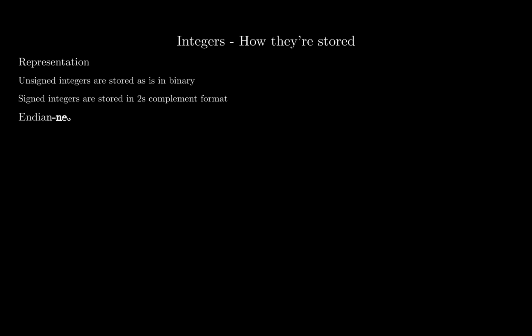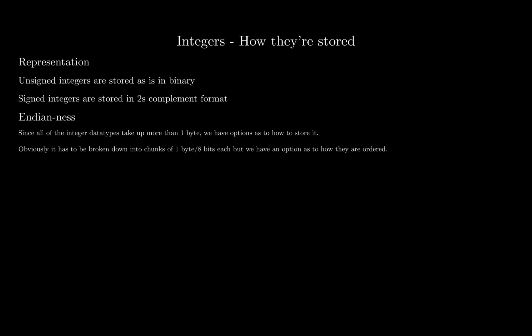Okay, how do you store integers? The representation is pretty straightforward. Unsigned integers are just stored as is, and signed integers are going to be in two's complement. Simple stuff. And endianness. As we saw previously, every int and the other variants of int take up more than 1 byte to store. So we have a little bit of choice as to how we arrange those bytes.